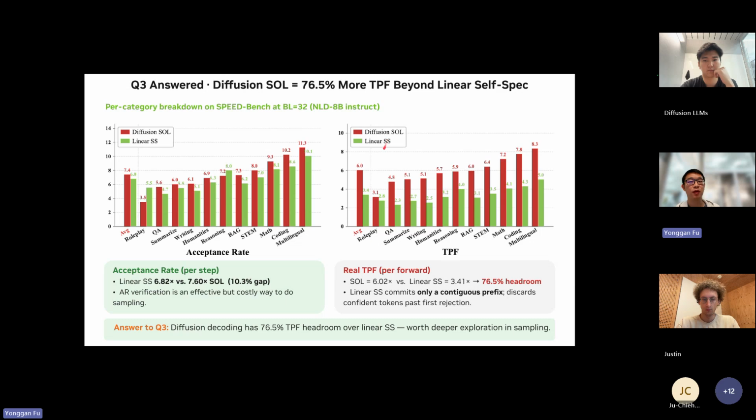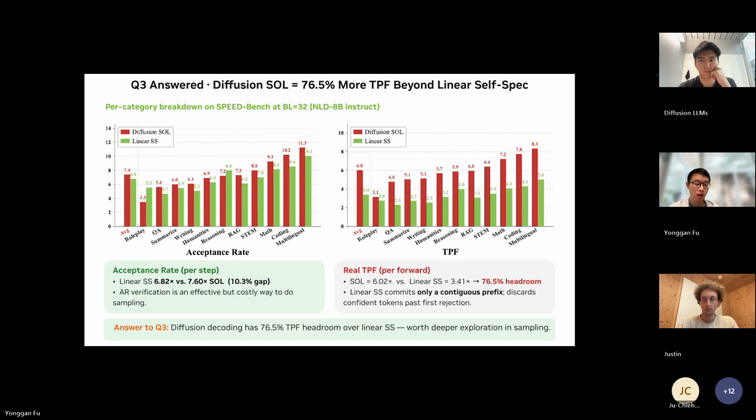Linear self-speculation suffers from the verification cost and has a much lower TPF, and diffusion SOL can achieve about 1.7x further speedup over linear speculation. So this indicates that the diffusion mode still has high potential to be explored, for example by delivering a better sampler. This can achieve a 1.7x speedup out of the box without any further training or algorithm improvement. It can directly achieve 1.7x over the linear speculation mode.